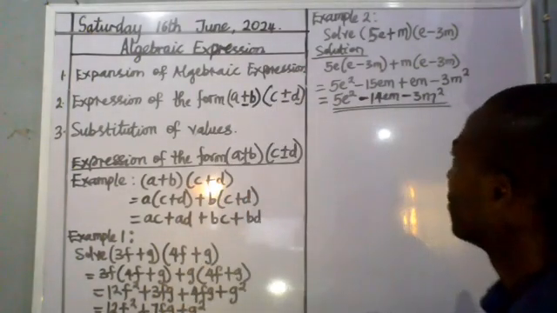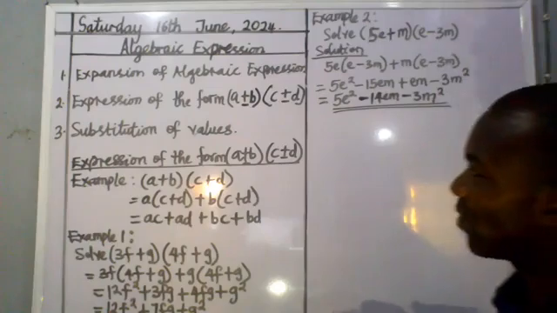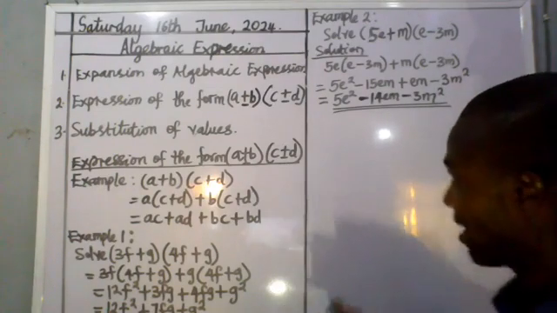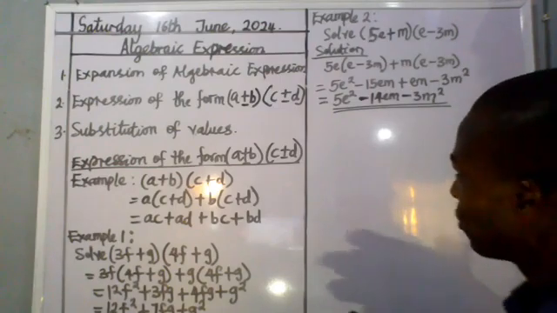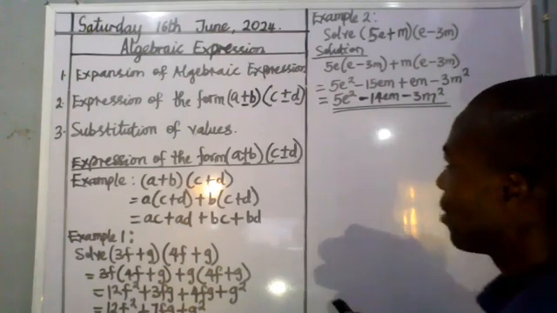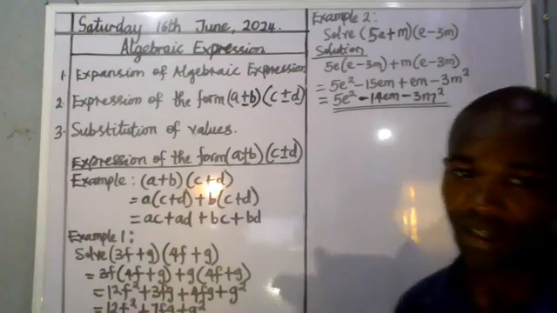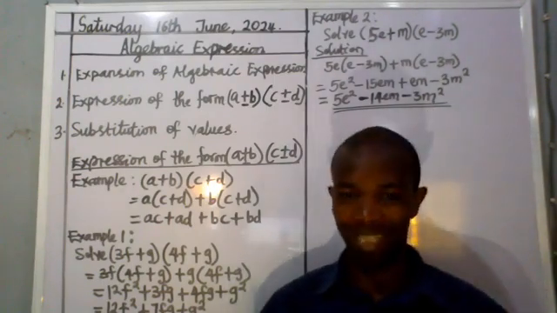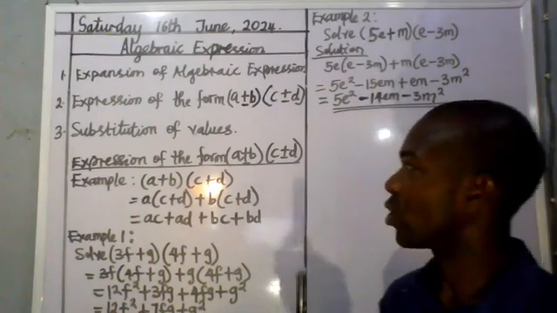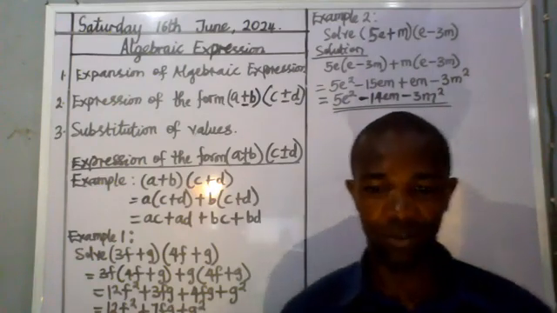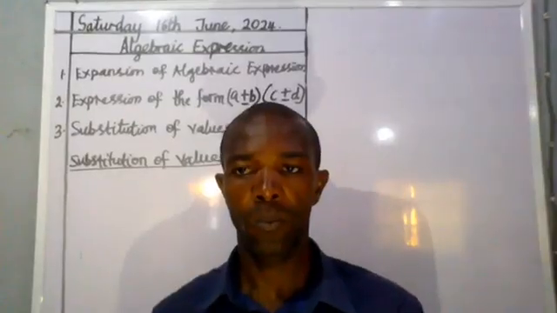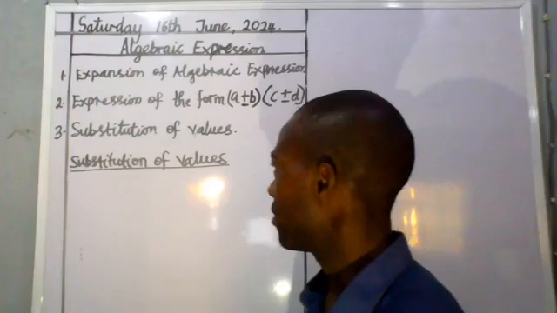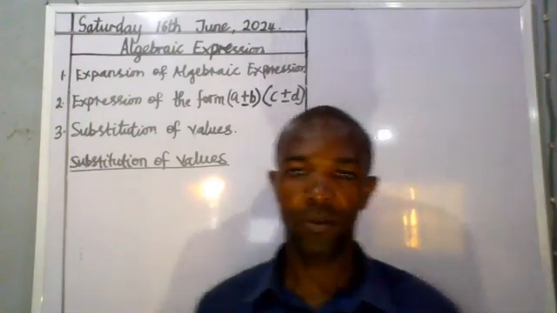You can see? Okay. So that is for expression of the form (a plus or minus b) multiplied by (c plus or minus d). Okay. So now we want to move to the next one, which is substitution of values.